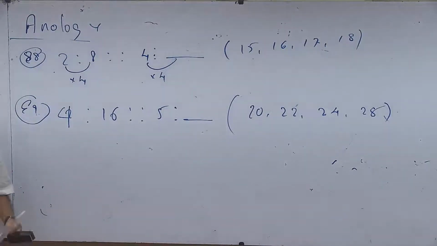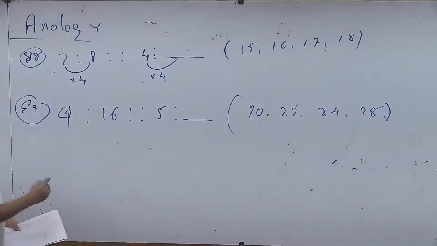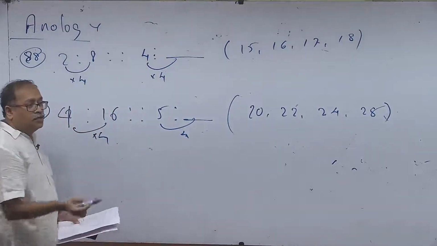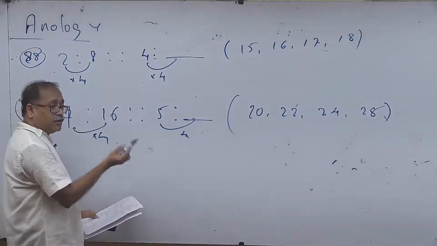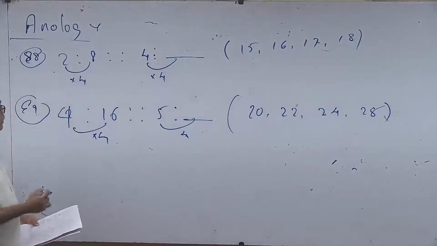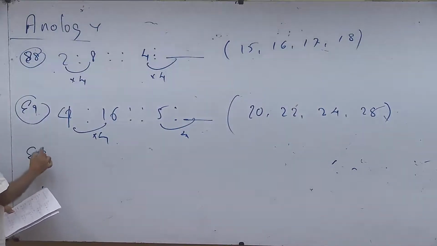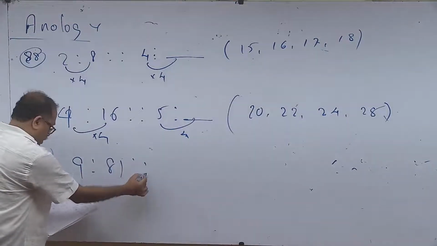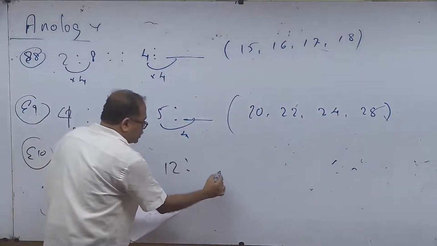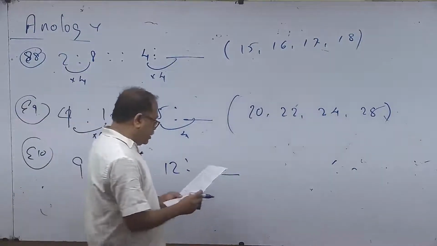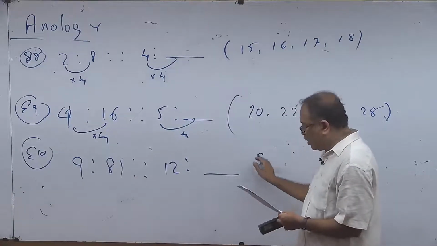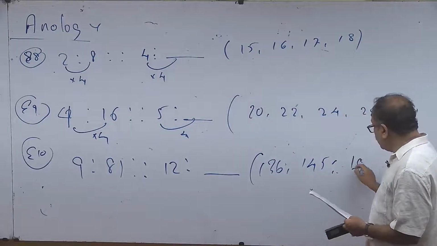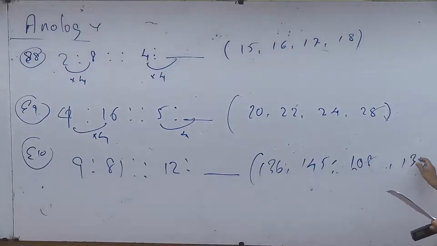That's over. So don't look at any other angle now, because the moment we got one logic over here, into 4 and into 4 for 20, no need of verifying whether the square or any other relation exists or not. No, don't try that. Then the next one, that is 9 is written as 81, then 12 will be written as a dash, and I'll give these options 136, 145, 108 and 132.